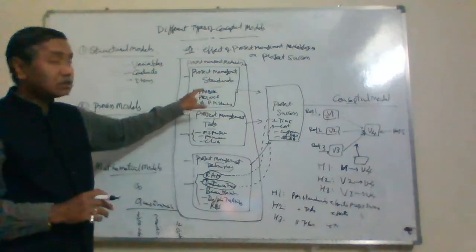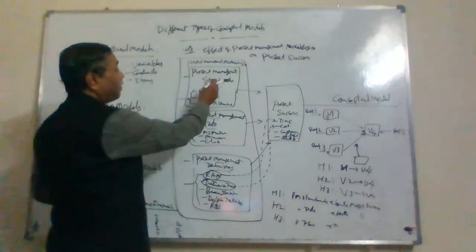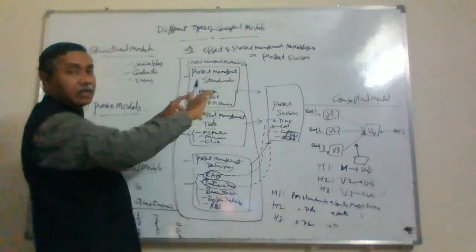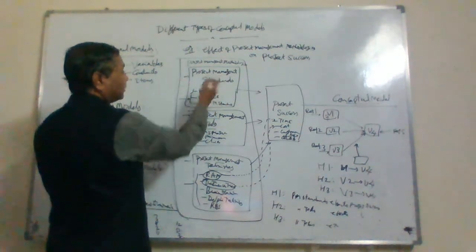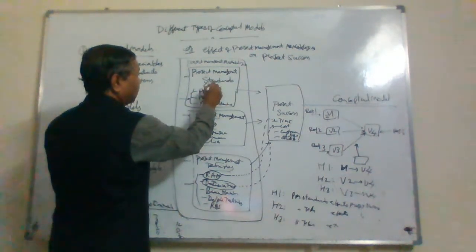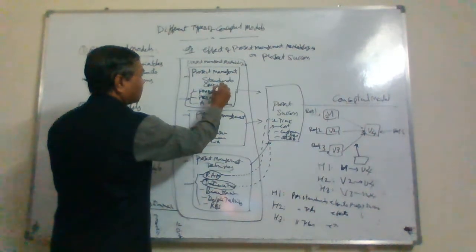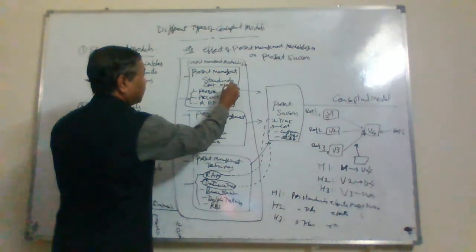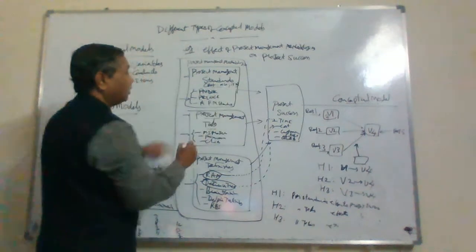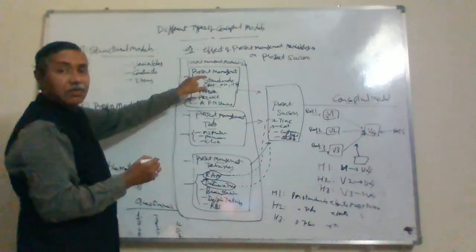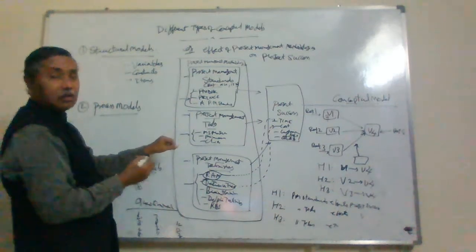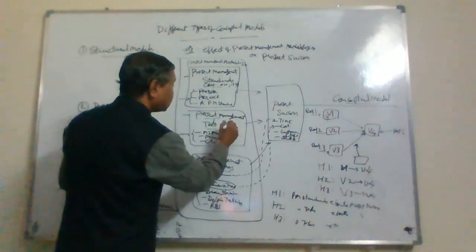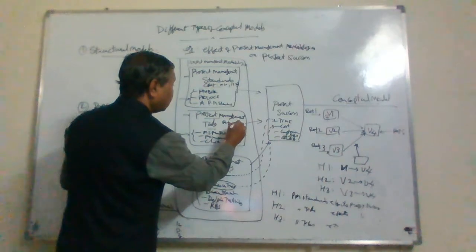If you are drawing a detailed conceptual model diagram, you can specify project management standards with a reference from some person ABC, 1970. In the conceptual model itself, you are very clear from which reference paper you have taken this variable. Similarly, here you specify reference XYZ, 2010.